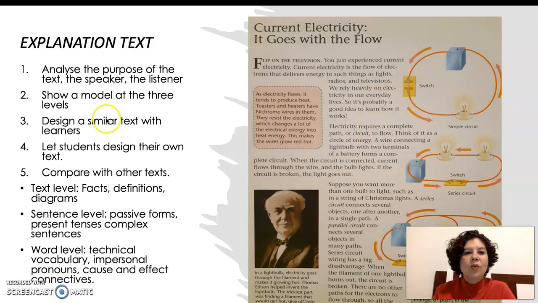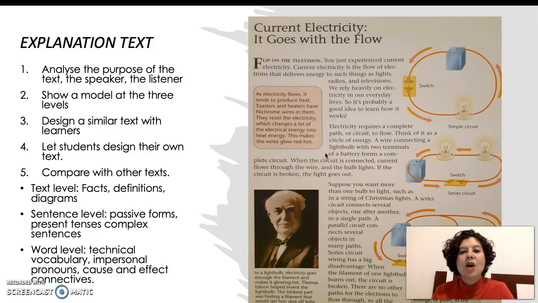So, we analyze the purpose of the text with the students, we show them a model, we explain the 3 levels of analysis in the text, then we design a similar text all together with the students.